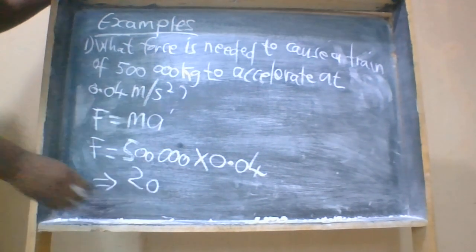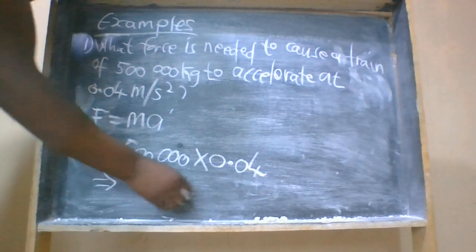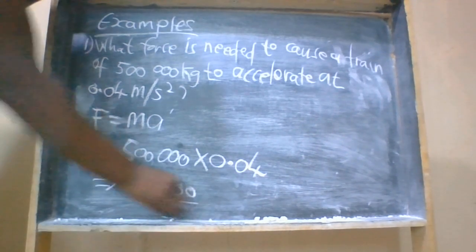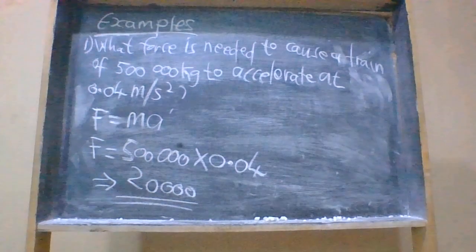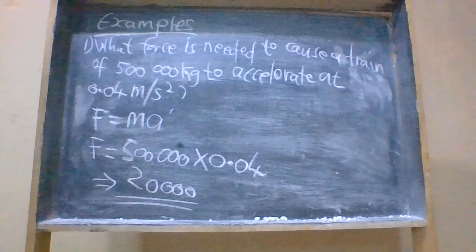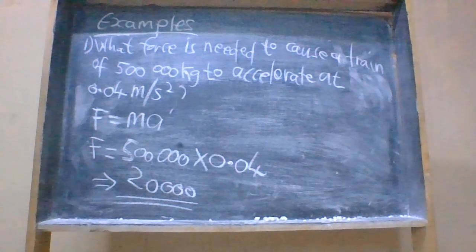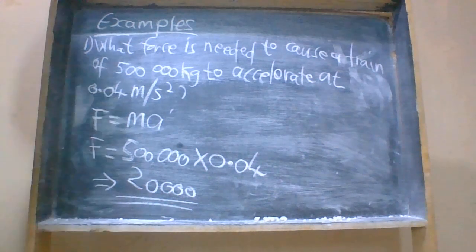That is 20,000. If by mistake you leave the answer like that in an exam, other markers will mark it wrong, but others might not.